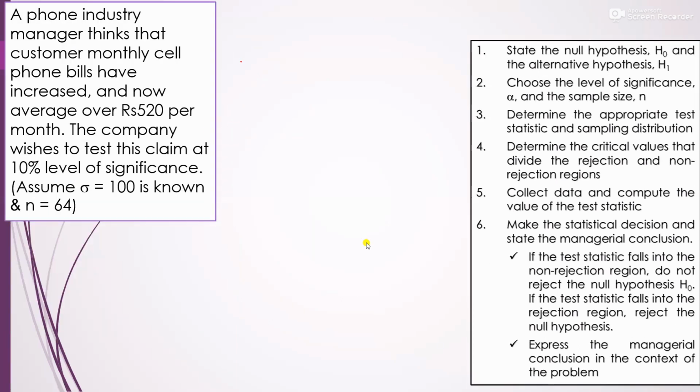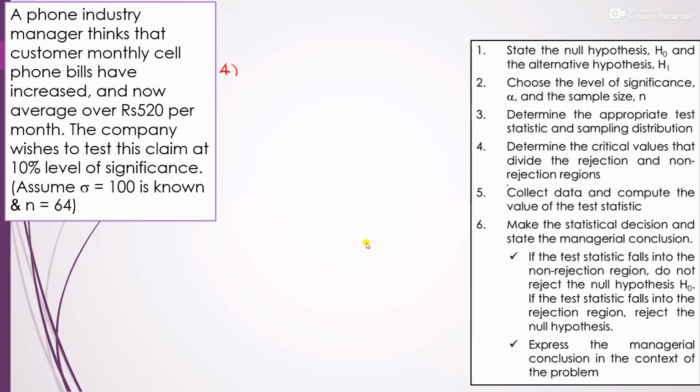So now our fourth step. Determine the critical values that divide the rejection and the non-rejection region.